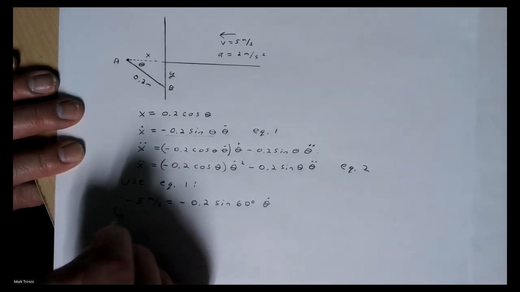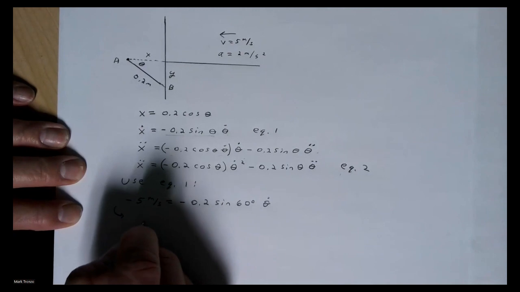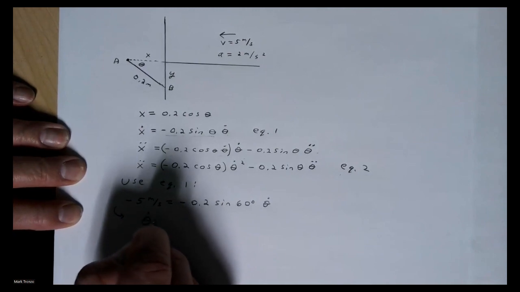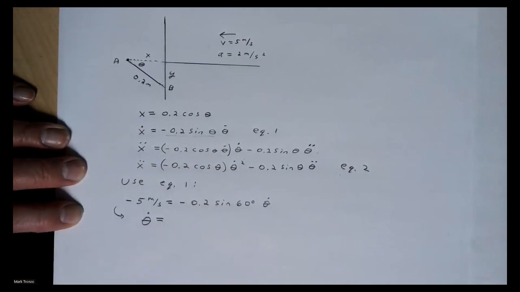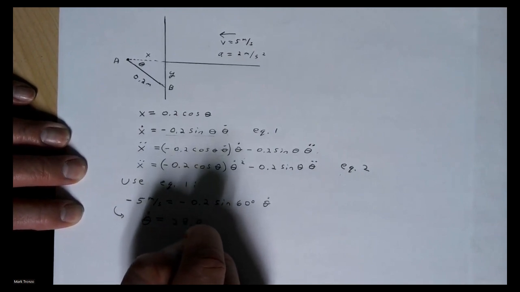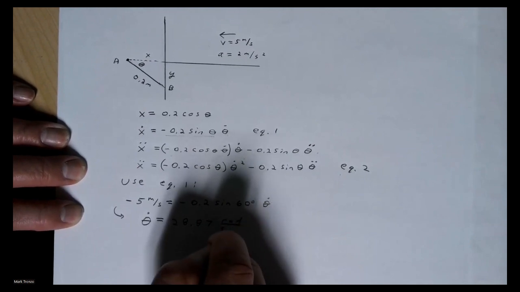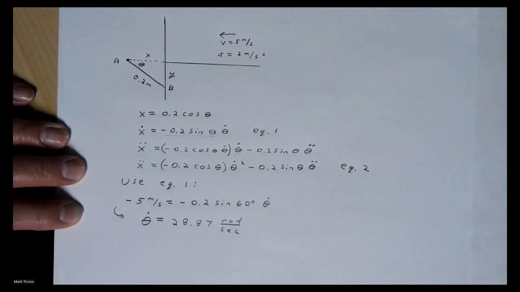And put that in your calculator. And we get theta dot to be 28.87 radians per second.